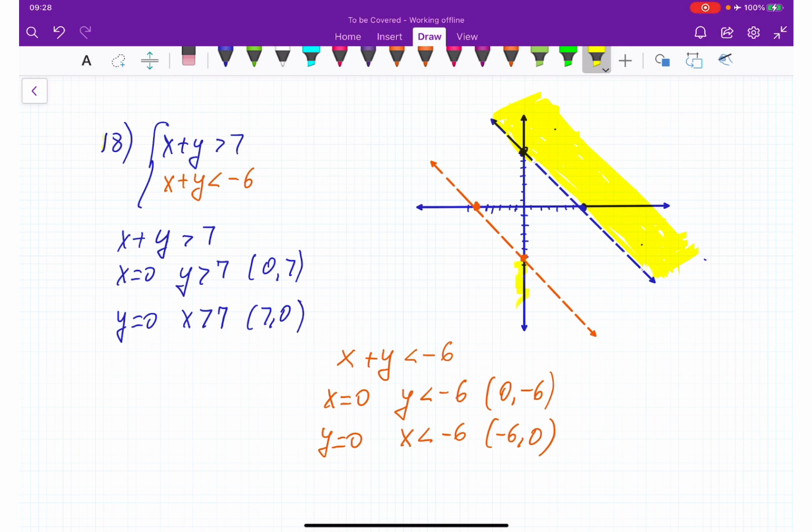Comes this way. x is less than negative 6 also. So this one is coming also like this. So we don't have any overlapping here, yes? What does that mean? That means the system of inequalities does not have any solution because there's no overlapping, so no solution. All right?